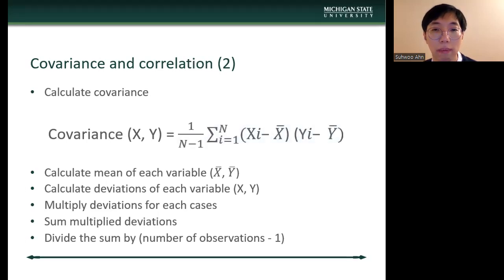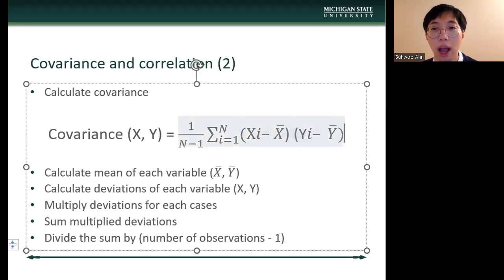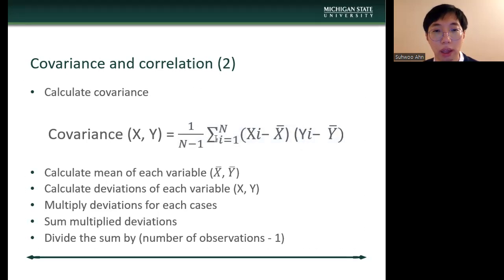Then you multiply the deviations for each case, xi minus x bar times yi minus y bar, and sum these multiplied deviations. Then you divide the sum by the number of observations minus 1. This is the way to calculate the covariance.